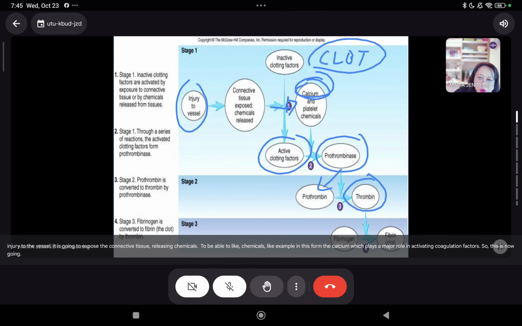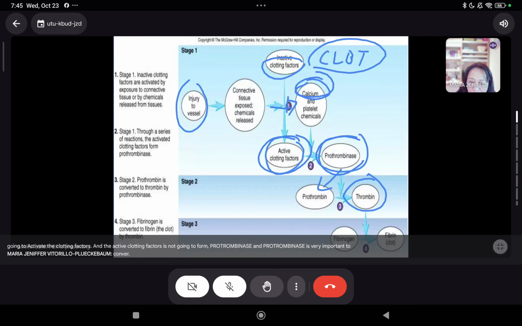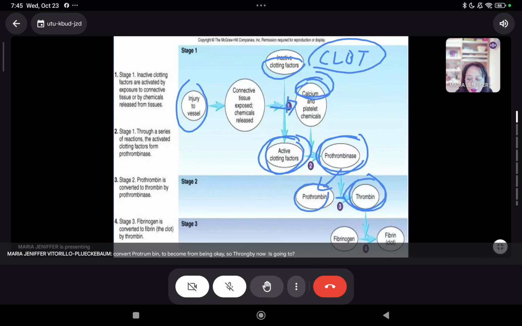This activates the clotting factors, and the active clotting factors form prothrombinase, which is very important to convert prothrombin to thrombin. Thrombin is now going to convert fibrinogen to fibrin. So this will now be the clot. The clot will be called fibrin.